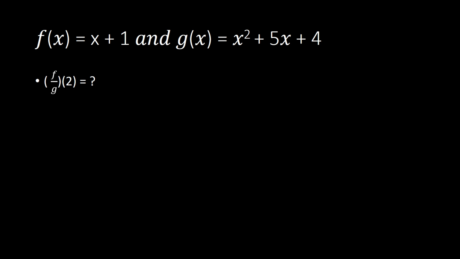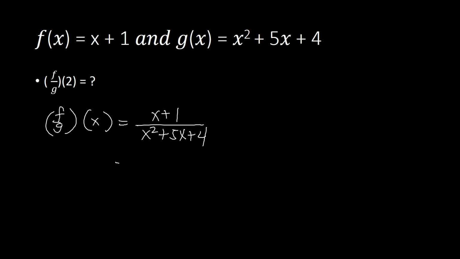So next, let's go for the last one, f over g of 2. So I'll start with f over g of x. F of x is x plus 1 over g of x, which is x squared plus 5x plus 4. And again, we are trying to factor the trinomial by considering positive 4 as our basis in looking for factors, so that the sum of the factors there will be positive 5.